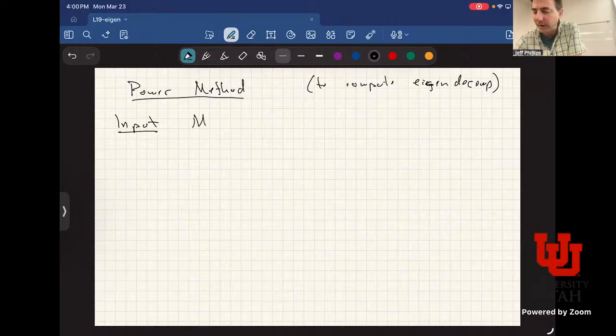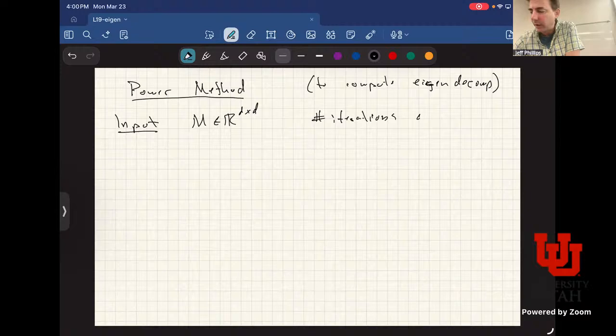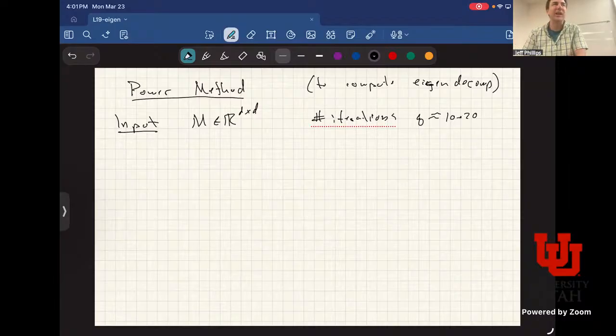It's going to take as input M, which is D by D, and a number of iterations, which I'm going to call Q. Usually 10 to 20 steps is going to be fine. It's going to depend, and we'll say what it depends on.